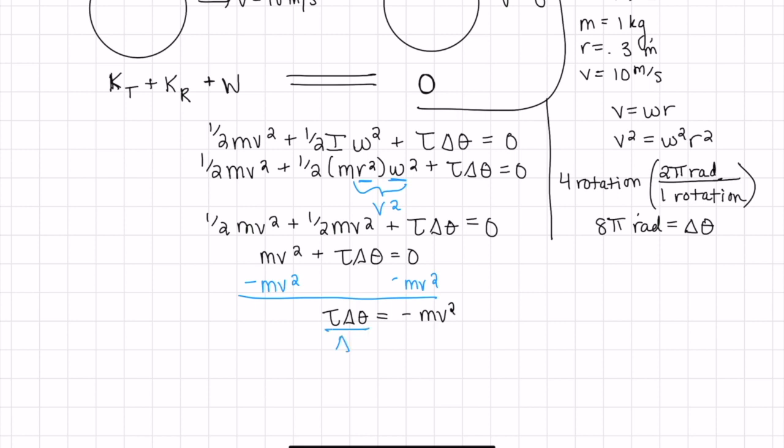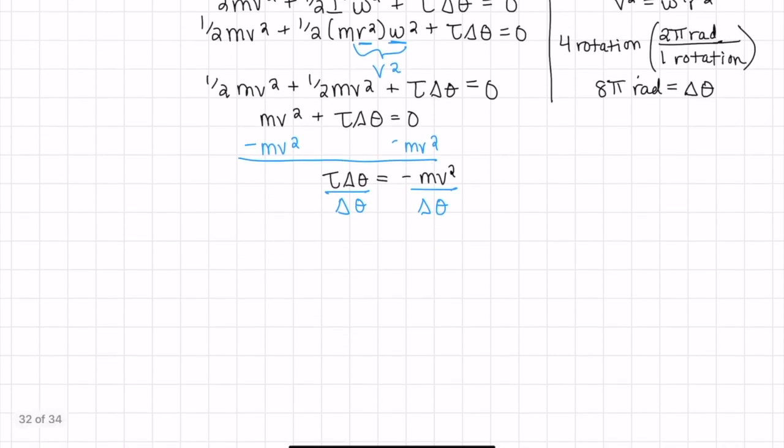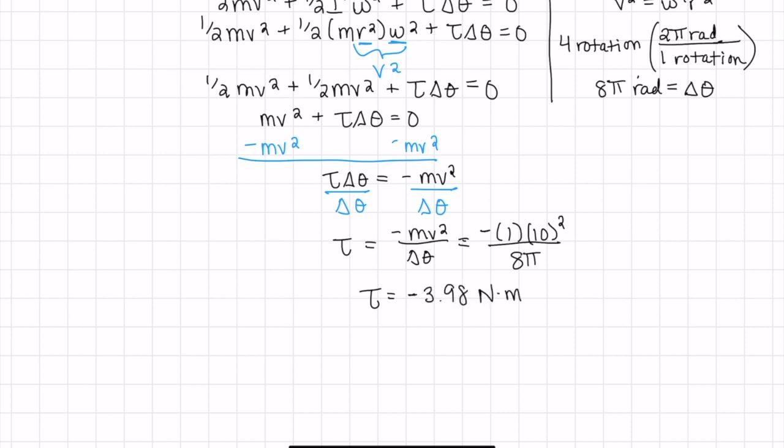Then we can divide out delta theta to get tau equals negative mv squared over delta theta, and now I'll plug everything in. So we have negative 1 times 10 squared over 8 pi, which gives me a torque of 3.98 newtons times meters.